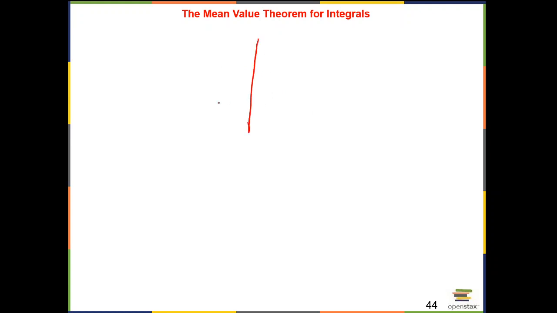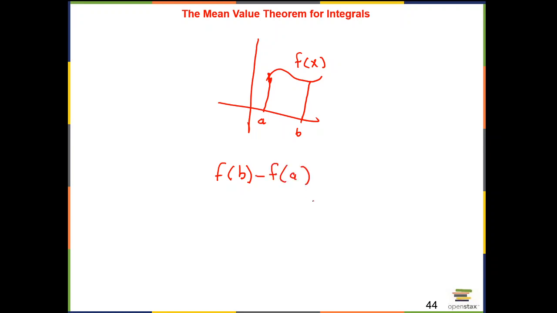If you have a function, and let's say we go from a to b, the mean value theorem for differentiation says that the rate of change from a to b, which is f of b minus f of a over b minus a, is basically, if you connect from here to here, the slope of that line, which is a secant line.